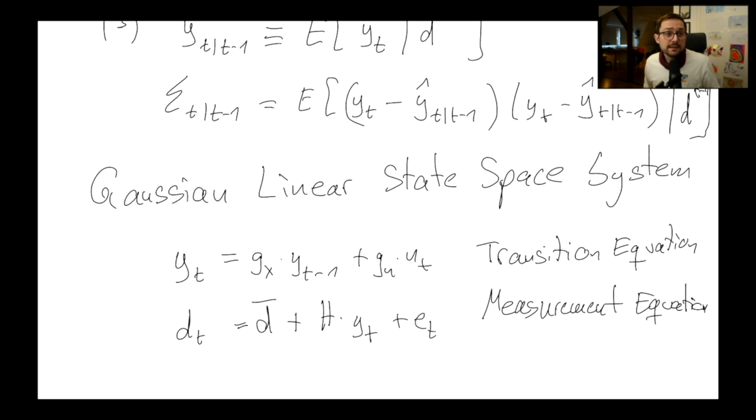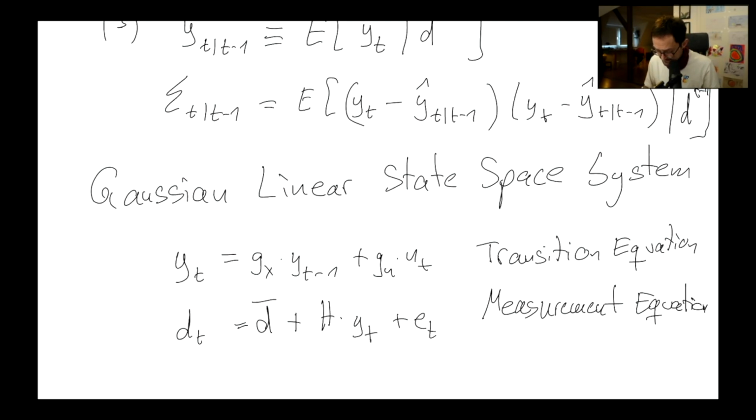Now, you see linearity. We talked about the state space system, it's a system of equations. Now, Gaussianity kicks in here as well. Both our U's and our E's are stochastically distributed as normal processes. This enables us to derive the distribution of our states, but also of our observables, because linear combinations of Gaussian random vectors, such as ut and et, are also Gaussian.